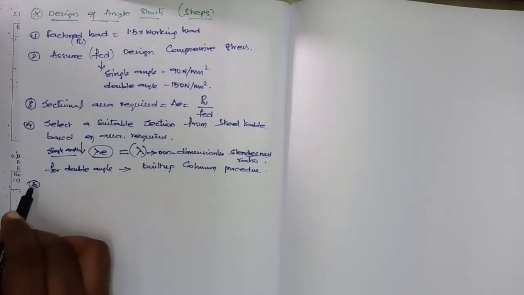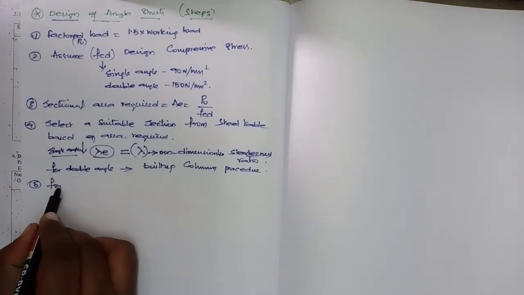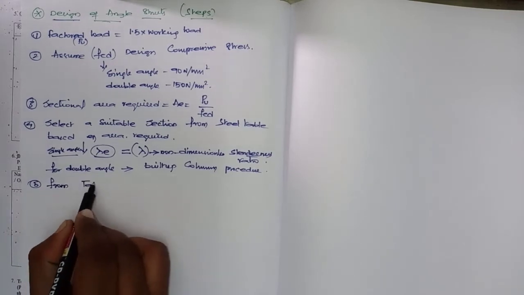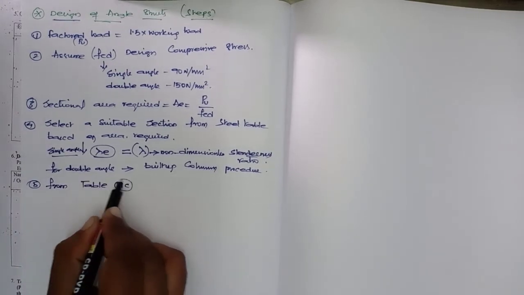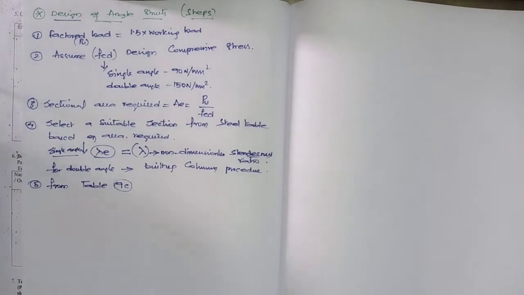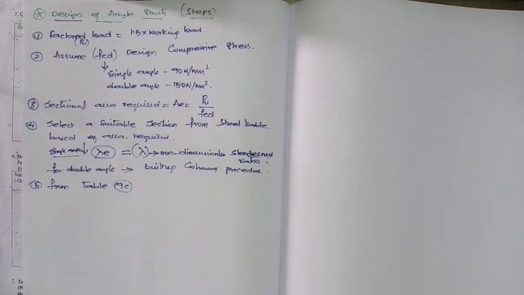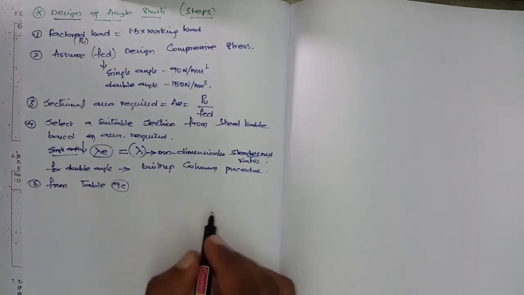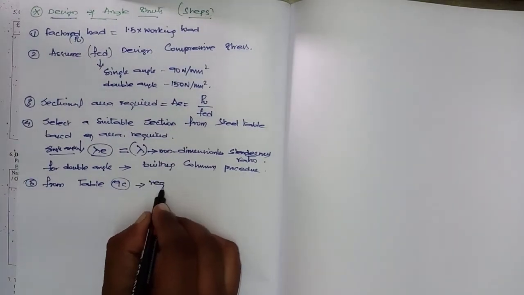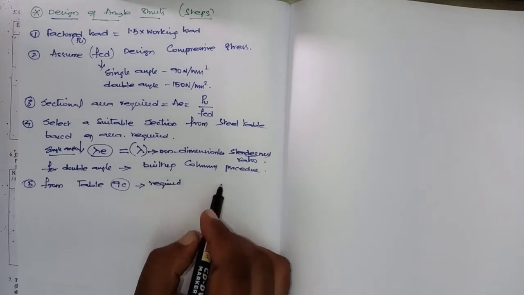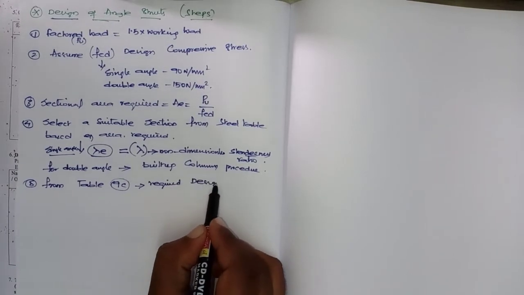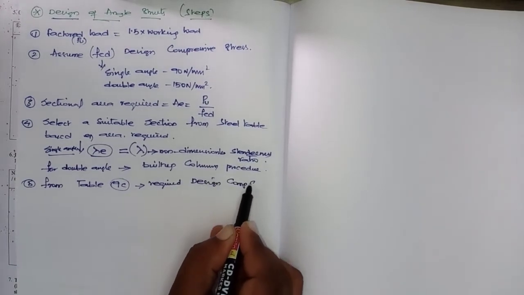Next, from table 9C. Why especially 9C? As I said, for any angle section or built-up section, you have to visit table number 9C for the required design compressive stress.